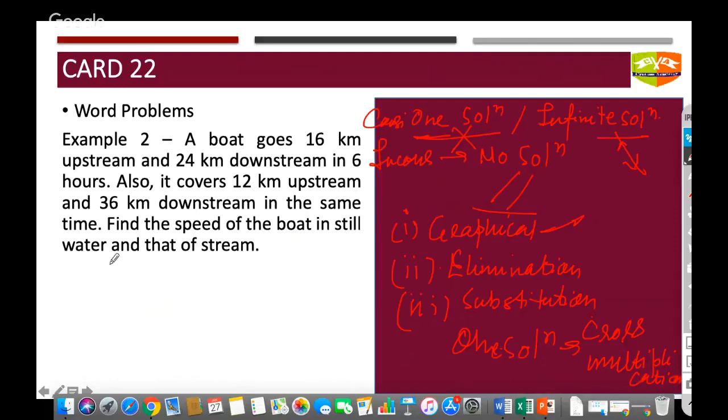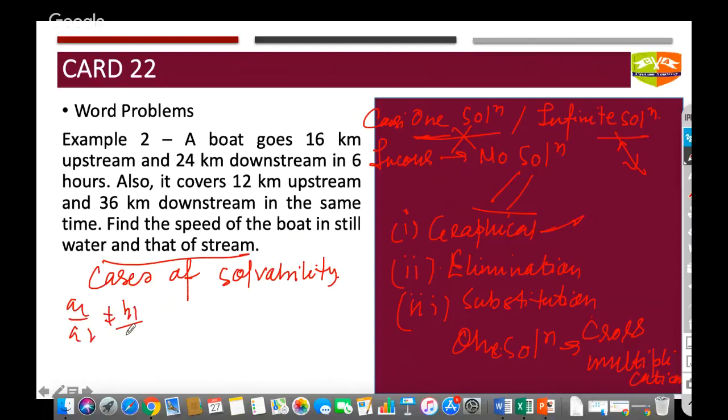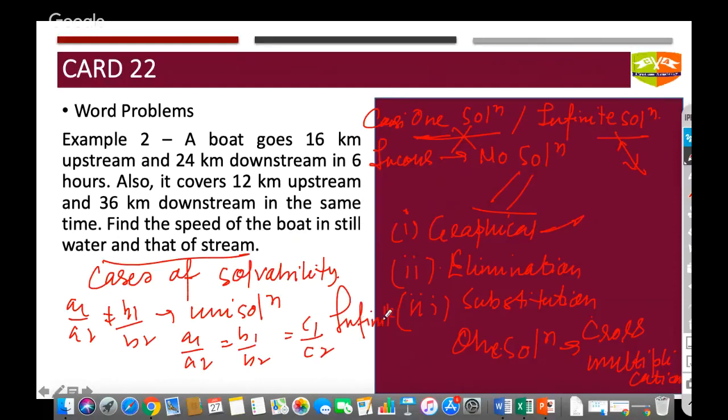Then I took the cases of solvability. I had three cases: a1 by a2 not equal to b1 by b2 for a unique solution; a1 by a2 equal to b1 by b2 equal to c1 by c2 for infinite solutions; and a1 by a2 equal to b1 by b2 not equal to c1 by c2 for no solution.